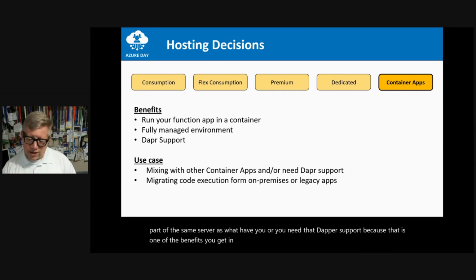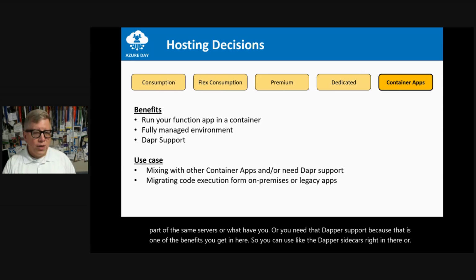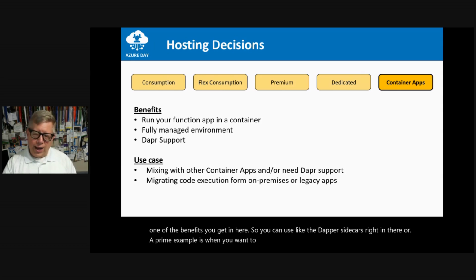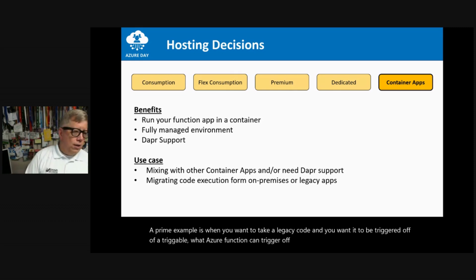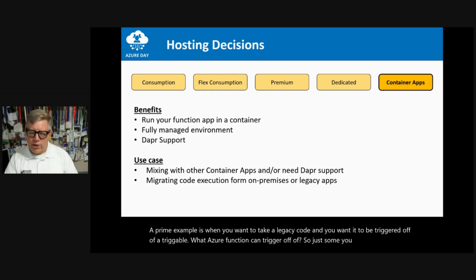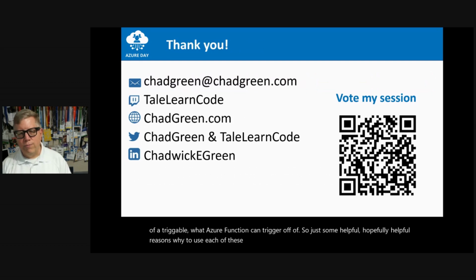So you can use the Dapr sidecars right in there. Or a prime example is when you want to take a legacy code and you want it to be triggered off of a trigger, like what Azure Functions can trigger off of. So just some hopefully helpful reasons why to use each of these different hosting plans.